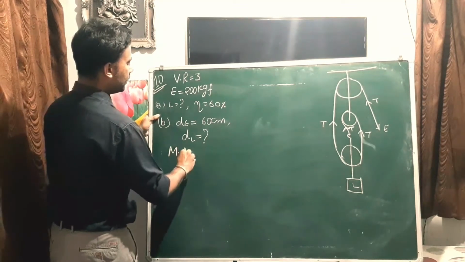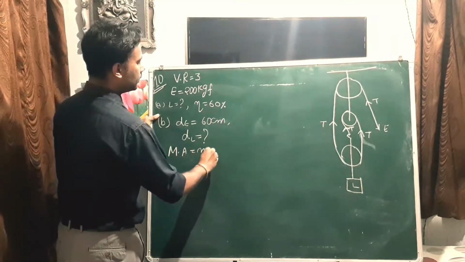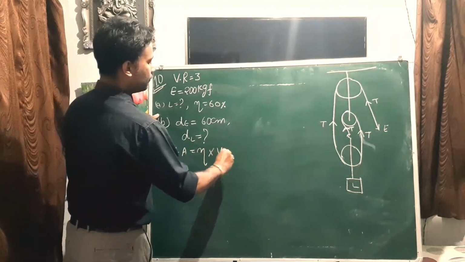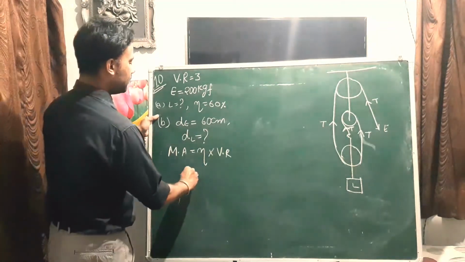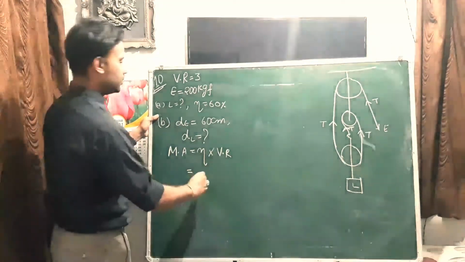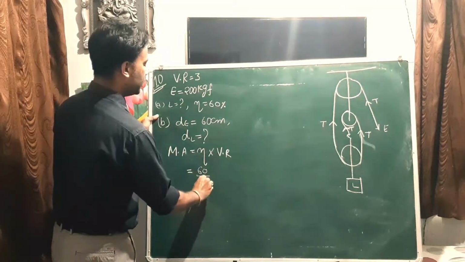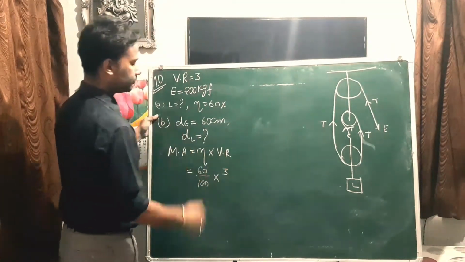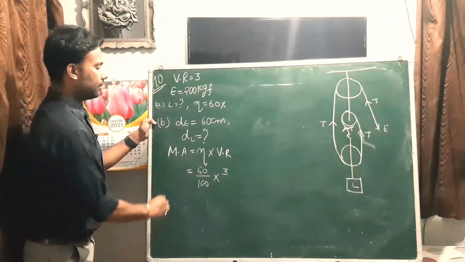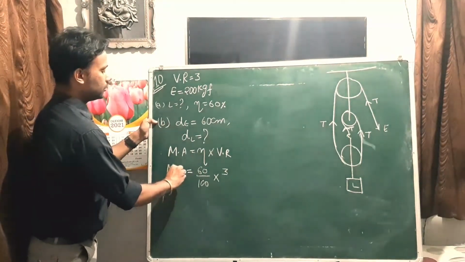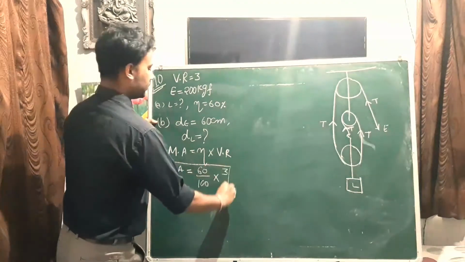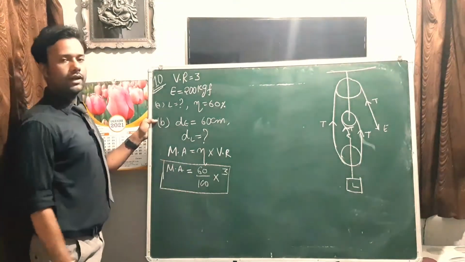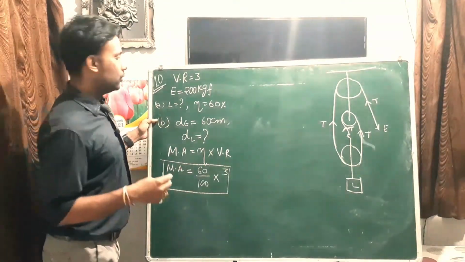MA will be eta into VR, right? Efficiency is 60%, so 60 upon 100, VR is 3. So that's your mechanical advantage. I'm not calculating further because we can directly find the value of load from here.